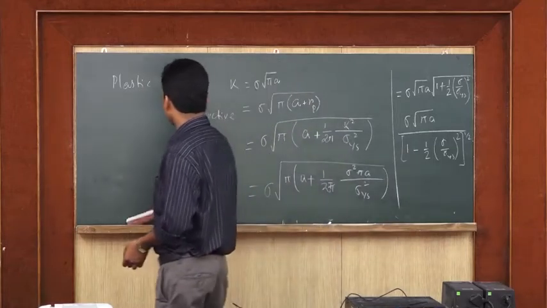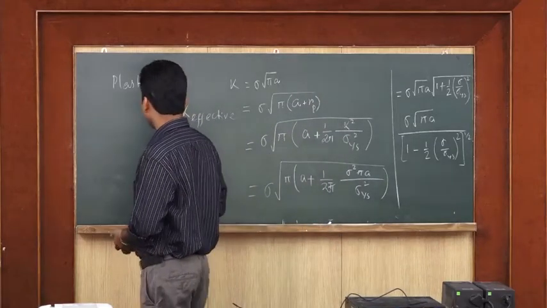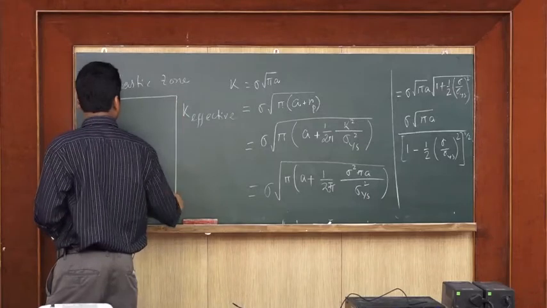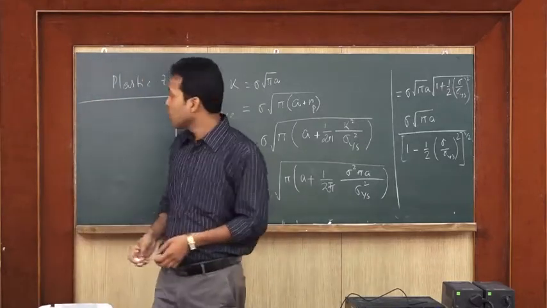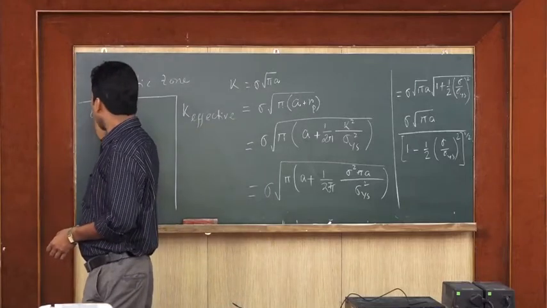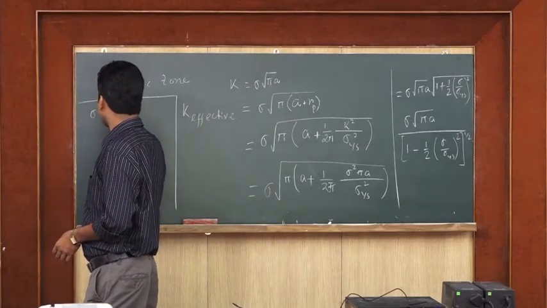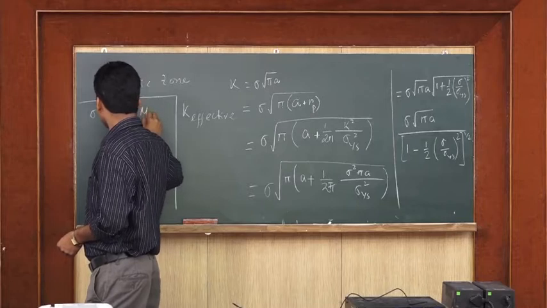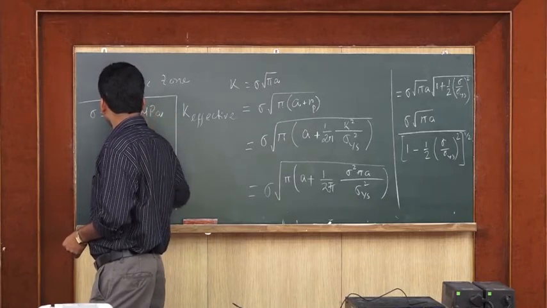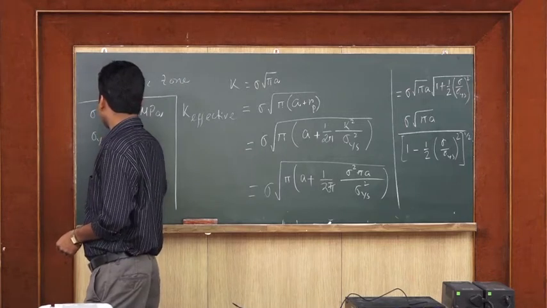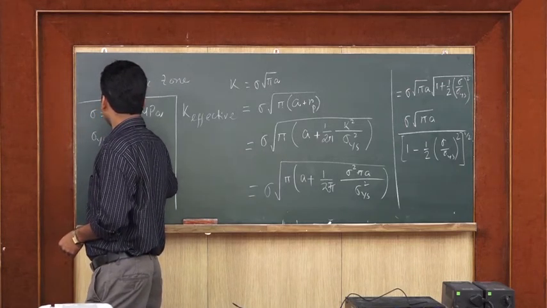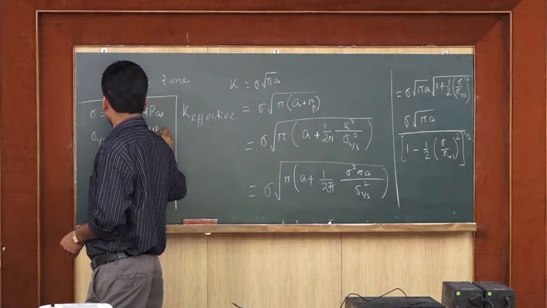The problem is that a material is in use in some application where the applied stress sigma is 300 megapascal. Okay. The material's yield strength is 1400 megapascal.